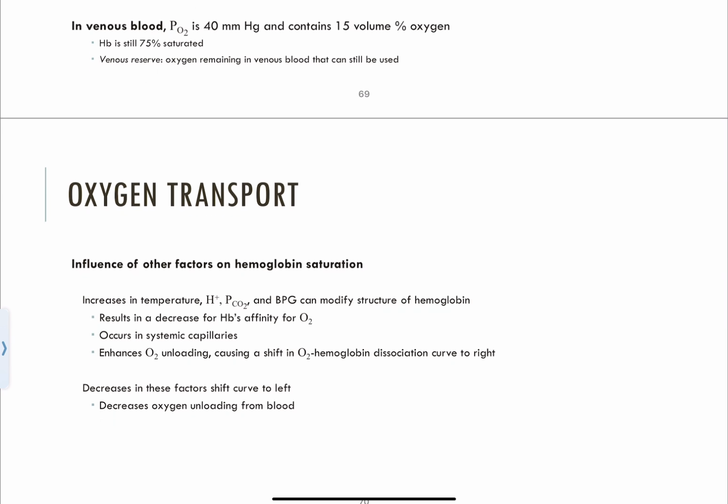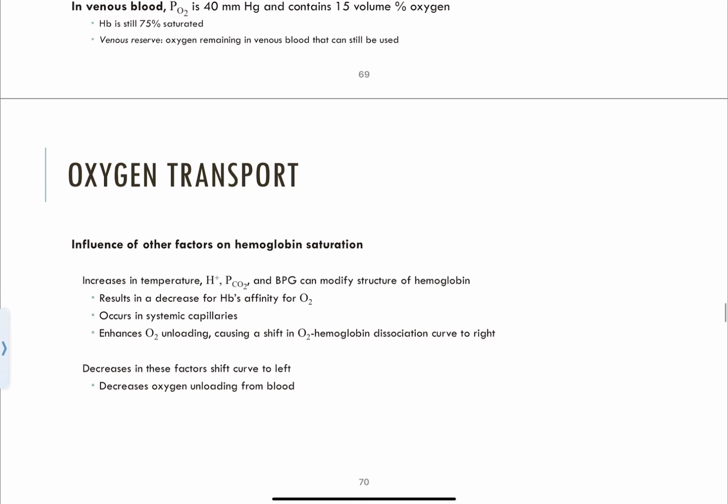So, the influence of other factors on hemoglobin saturation. Things like an increase in temperature, or our blood pH, which is the same thing as our hydrogen ion concentration, or the partial pressure of carbon dioxide, or the amount of something called BPG in our blood, all can influence the hemoglobin saturation at any given partial pressure of oxygen.